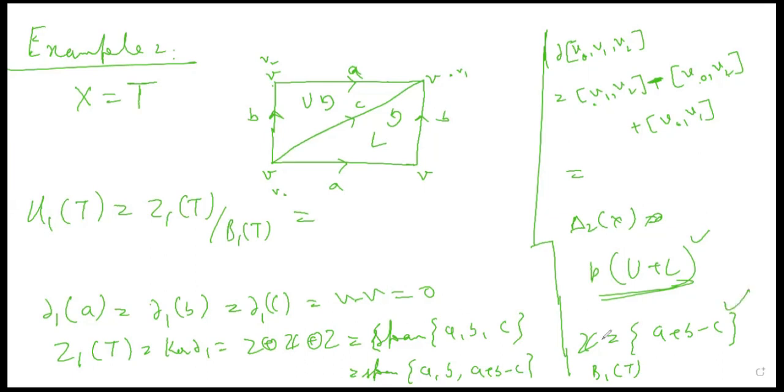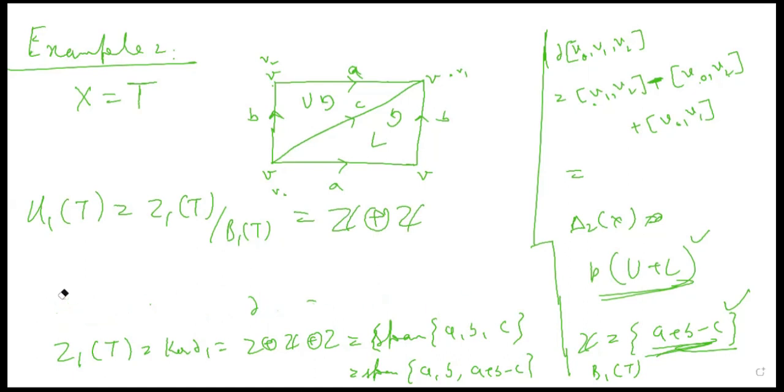So when you quotient it, this will cancel, and then we'll have, because the image equals 0, right?